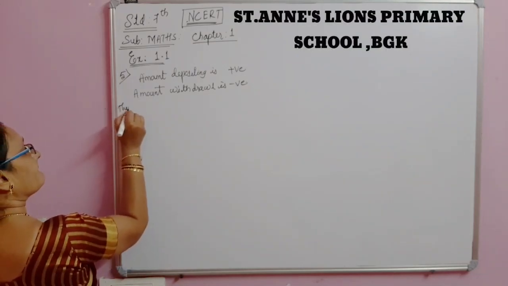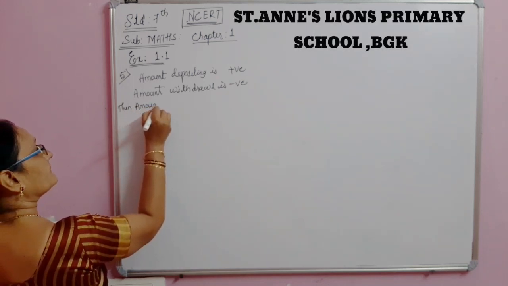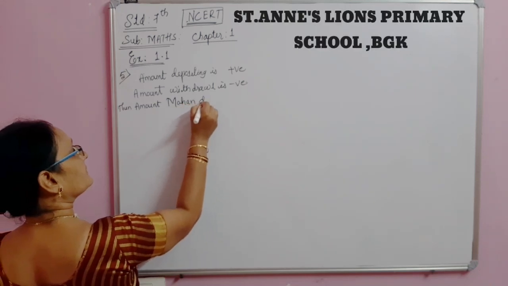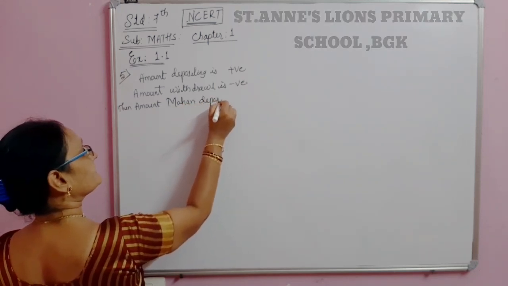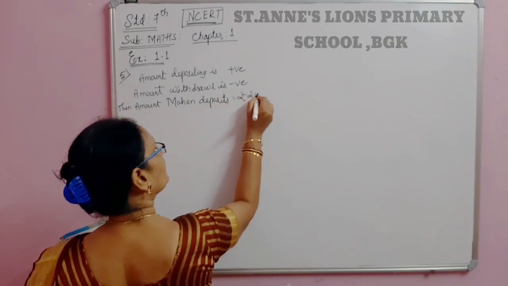Then the amount Mohan deposits is equal to rupees 2000.